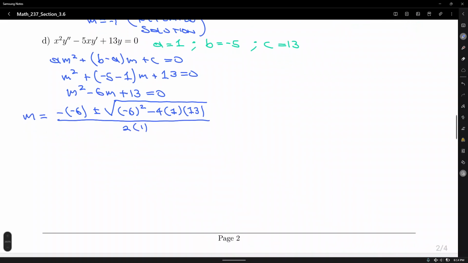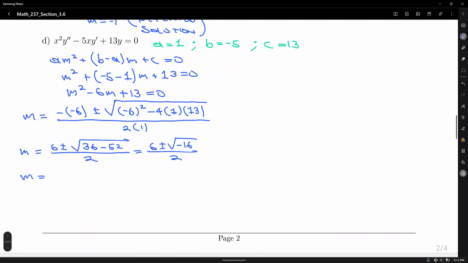So m equals 6 plus or minus the square root of 36 minus 4 times 13, which is 52, and everything divided by 2. That reduces to 6 plus or minus the square root of 36 minus 52, that's negative 16, divided by 2.